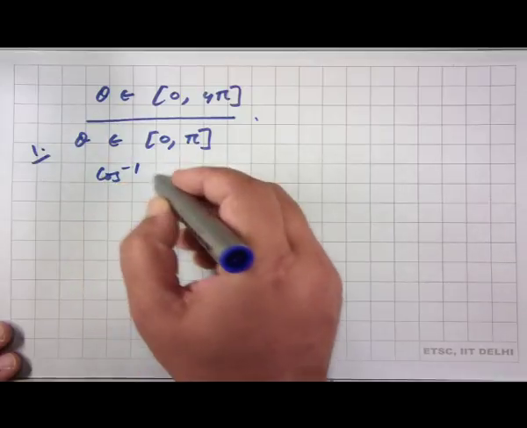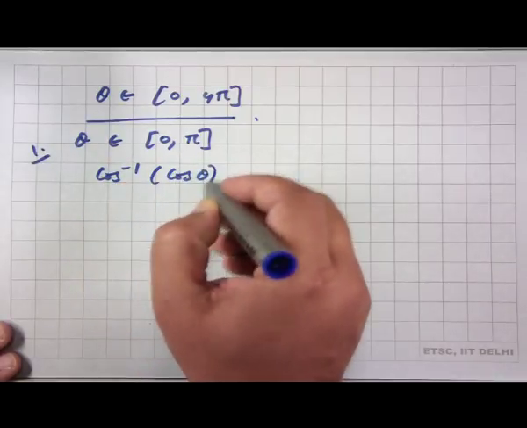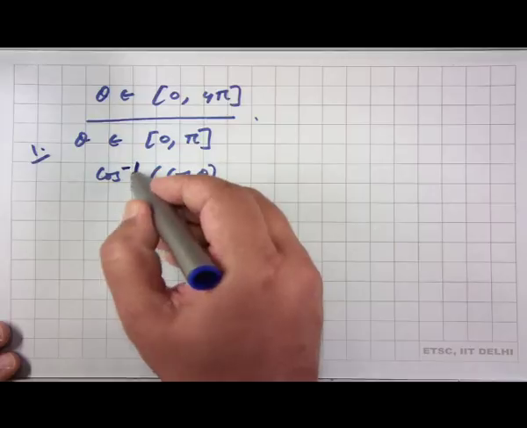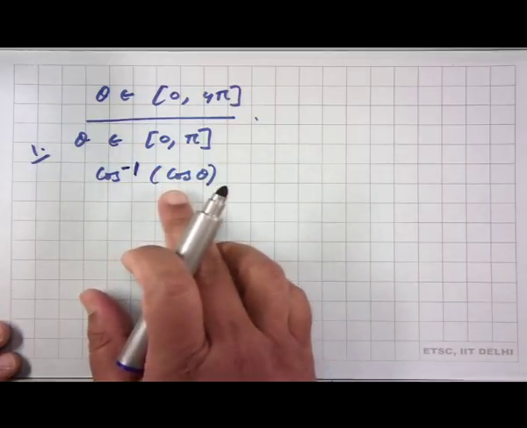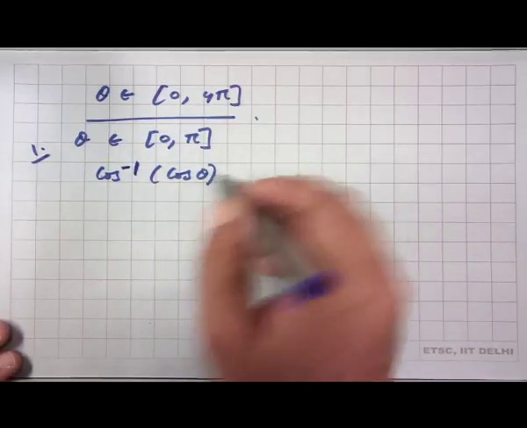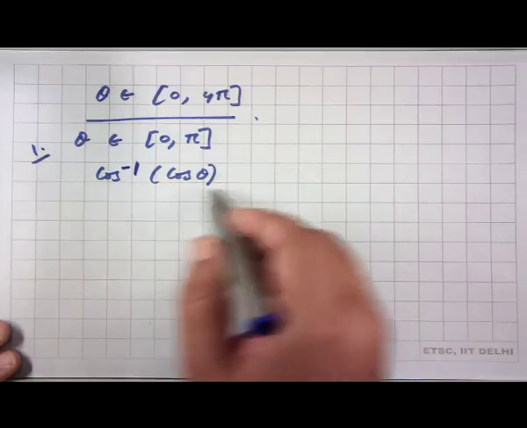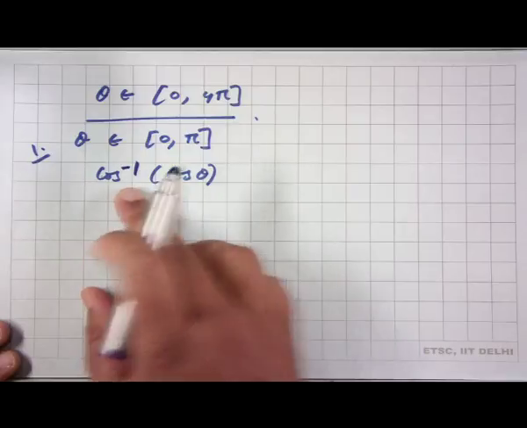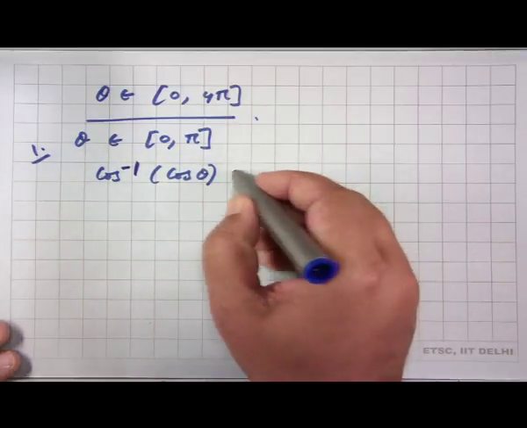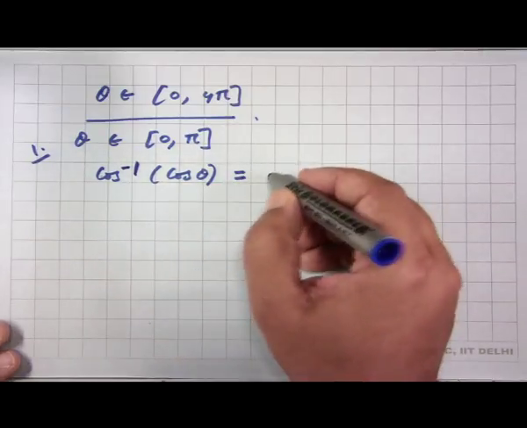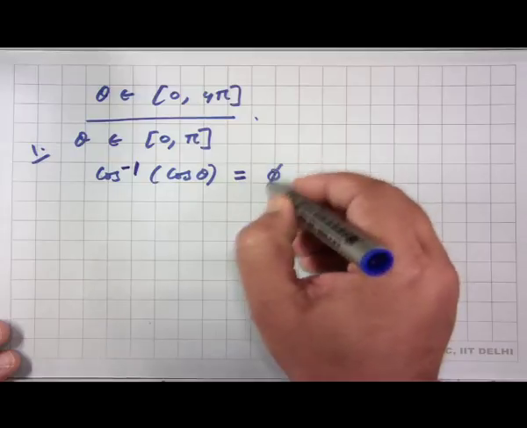What is cos inverse of cos theta? Now, when theta belongs to 0 to pi, for any theta, let us say cos inverse of cos theta is equal to some angle phi.